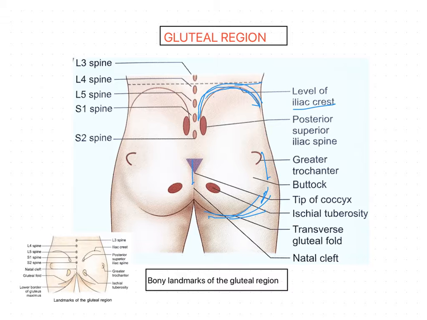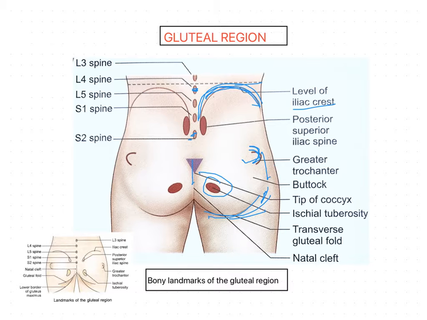Altogether we can palpate these on the gluteal region, and this one is the gluteal tuberosity, and we can palpate the fourth lumbar and second sacral spines. We can also palpate the greater trochanter. So these are the important landmarks we can see on the gluteal region.